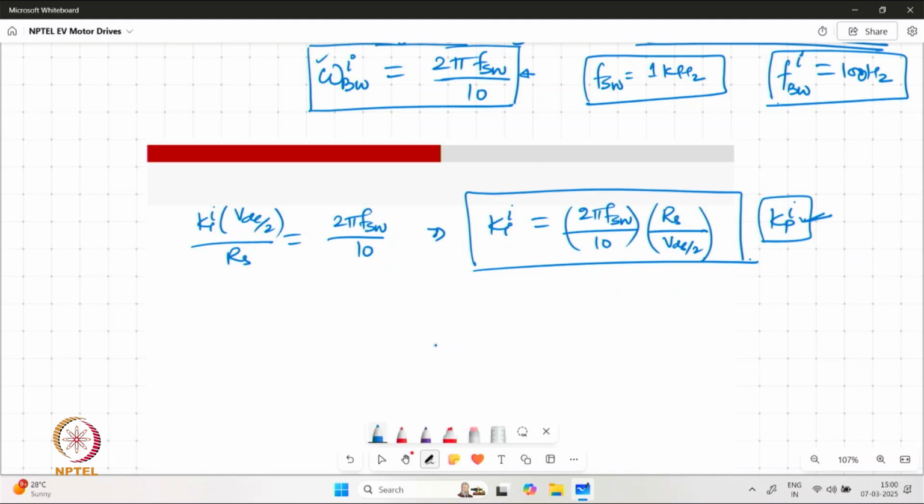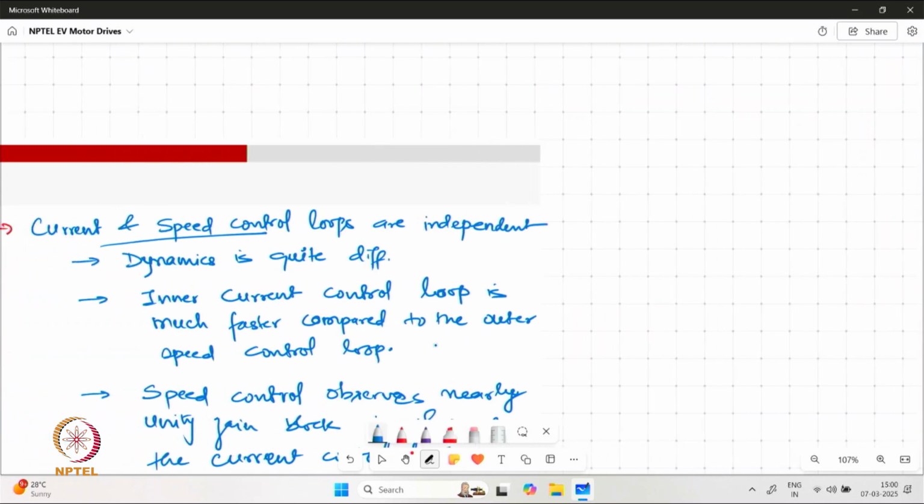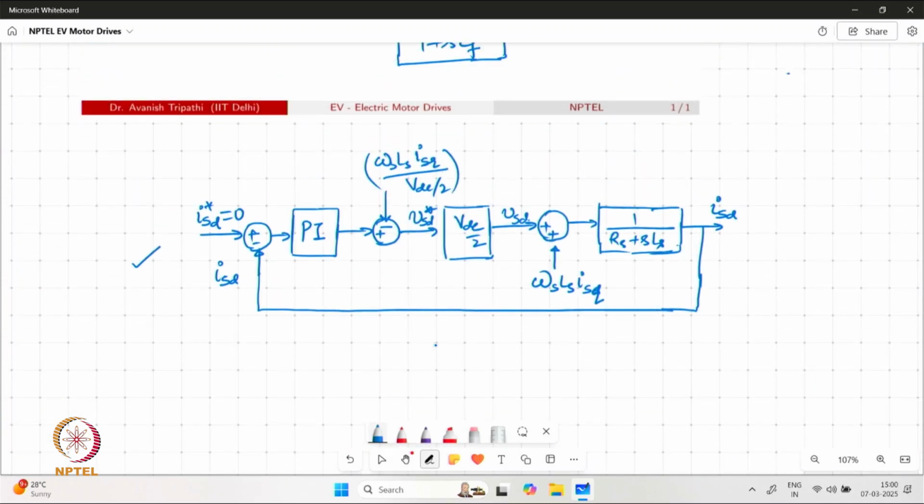So now, if we see over here, the control loops for the Q axis current and the D axis current are identical. Apart from the cross coupling terms and nonlinear terms, the plant is the same, the gain is the same, which is why we can have the same controller design for both the control loops.